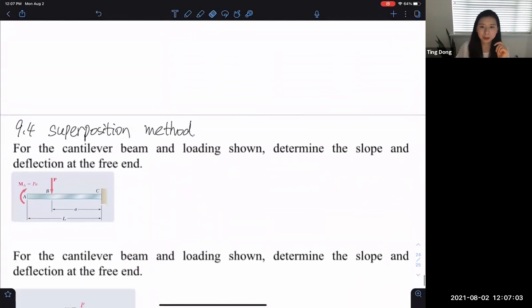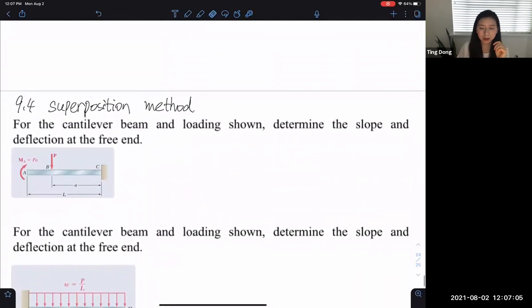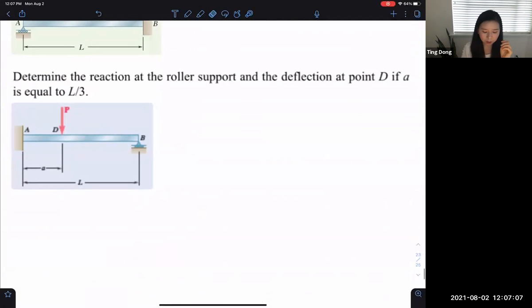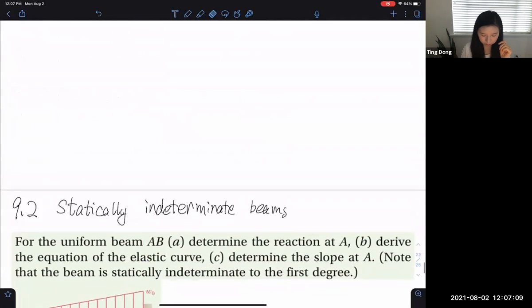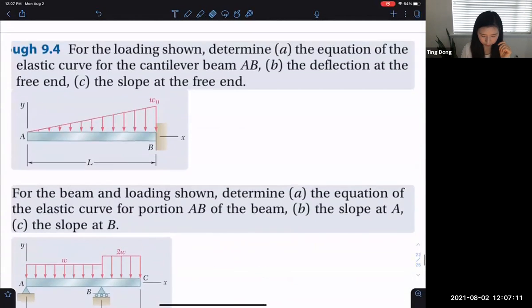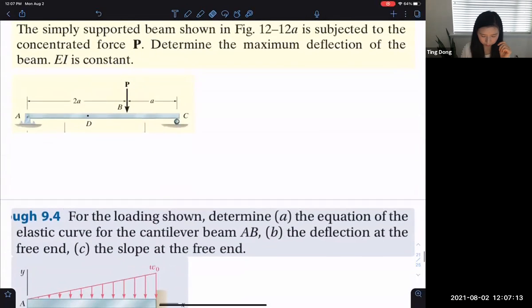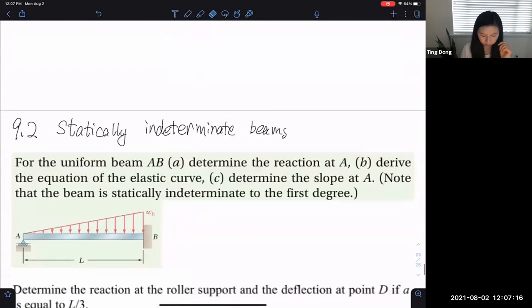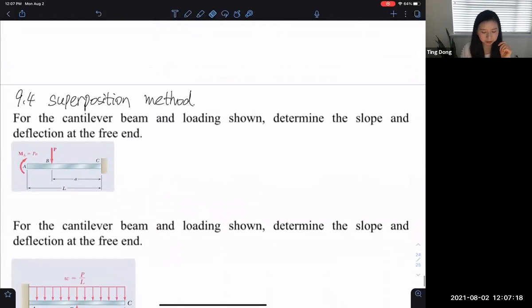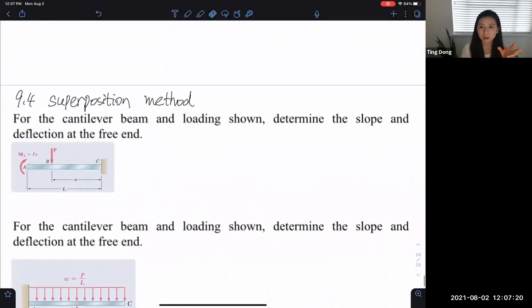And the superposition method is basically okay because for this one there are not two forces combined together. The superposition method basically means that we have different loading conditions applied on one beam at the same time.